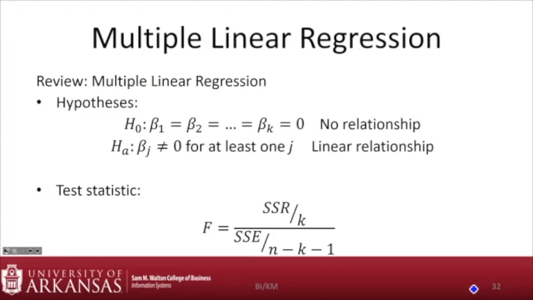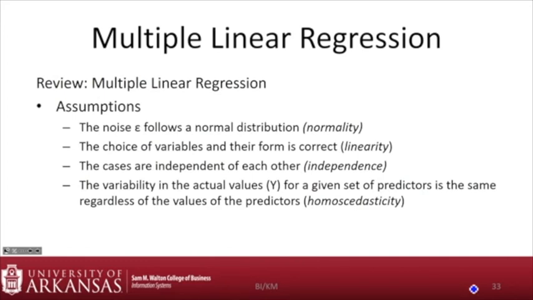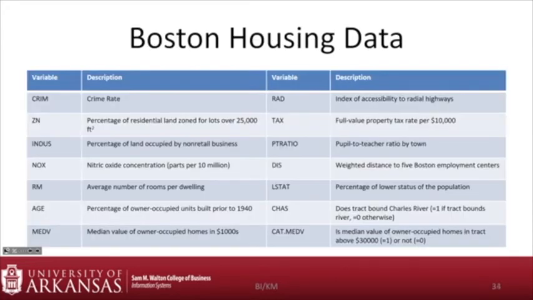We had a test statistic that we used. We had some assumptions that we checked, because we really cared about, does our model fit? We wanted to make sure that we have these assumptions met. We're looking at some scatter plots to tell that. That was what we did last semester, just a very quick overview.